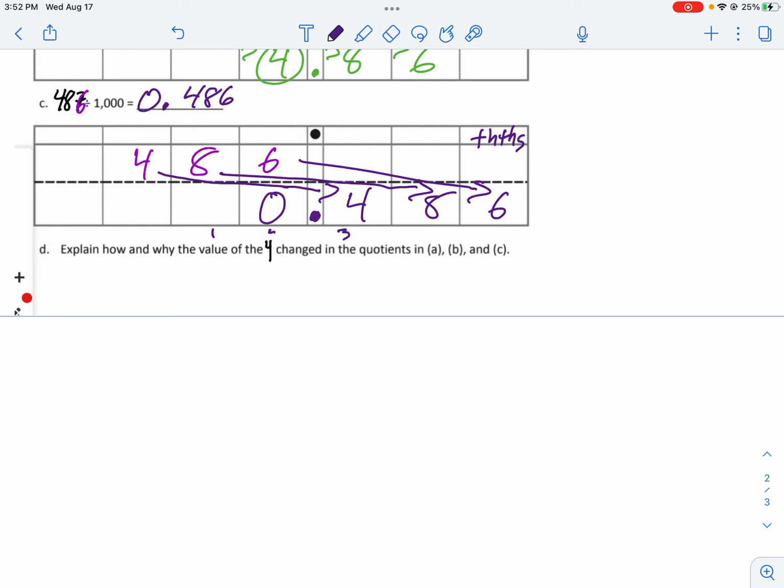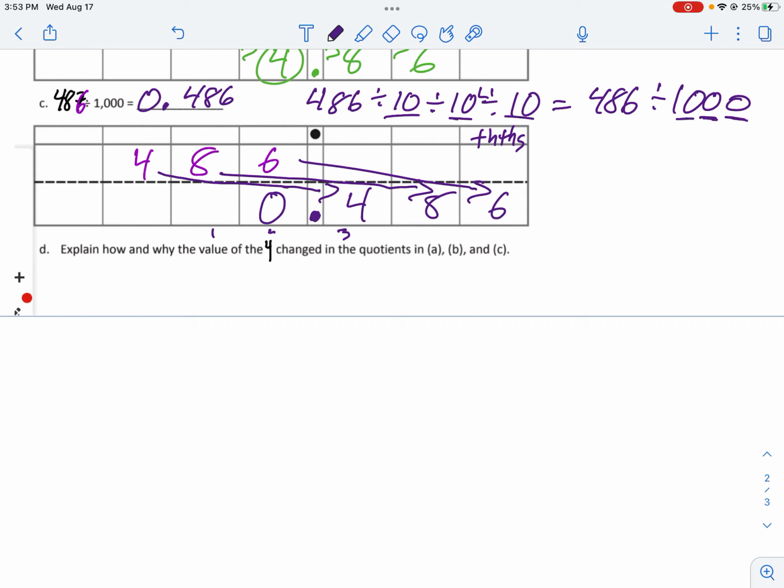If I move 3 places because I divided by 1,000, which is like dividing by 10 3 times, so right here we have 486 divided by 10, divided by 10, divided by 10. That's the same as 486 divided by 1,000. So we move over one space for each of these tens, or you can just count the zeros to help you understand that.